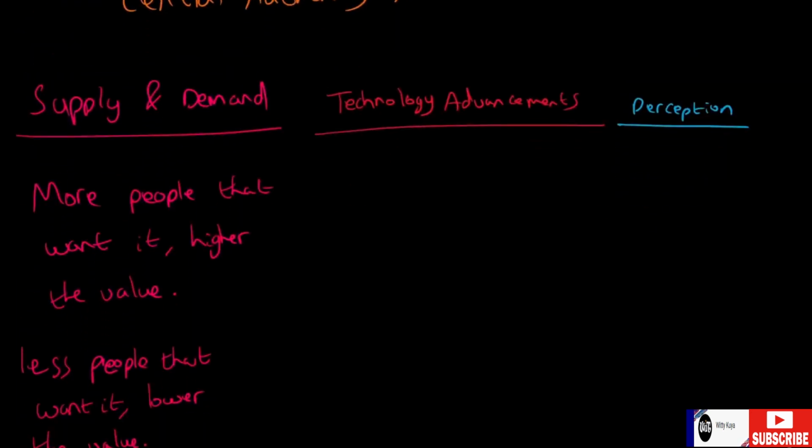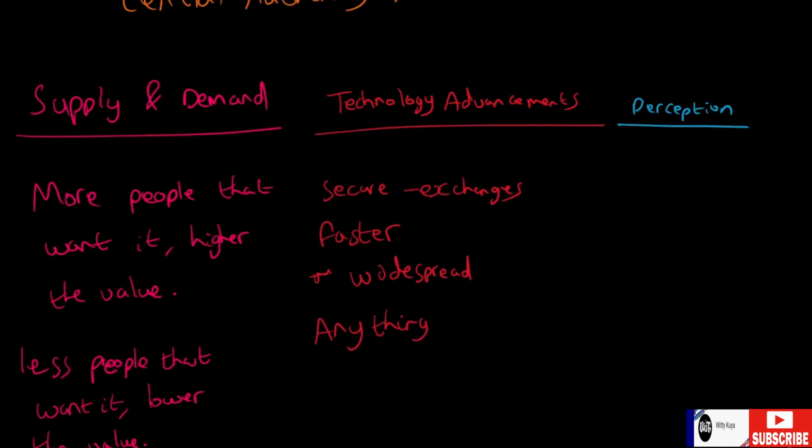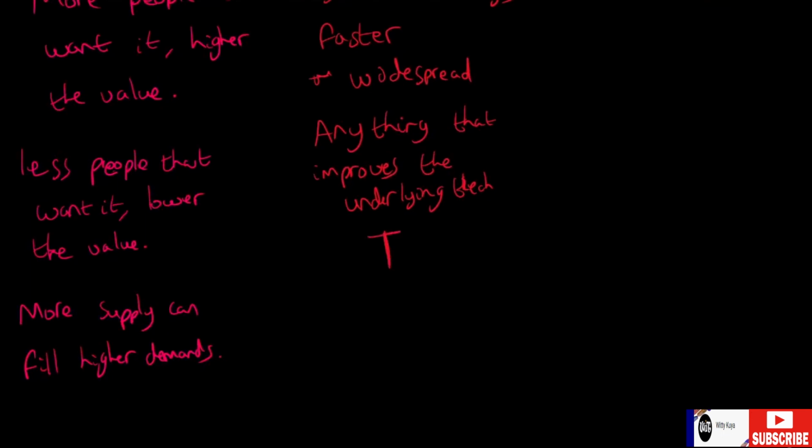So regarding technology advancements, if it becomes more secure in terms of, let's say, the exchanges, if it becomes faster, if it is more widespread, so anything that improves the underlying tech will increase its value.